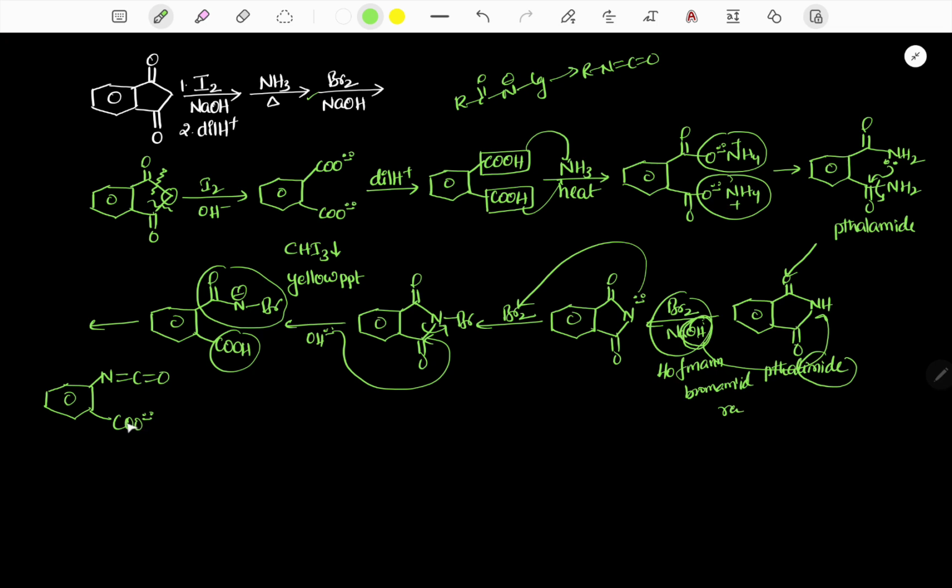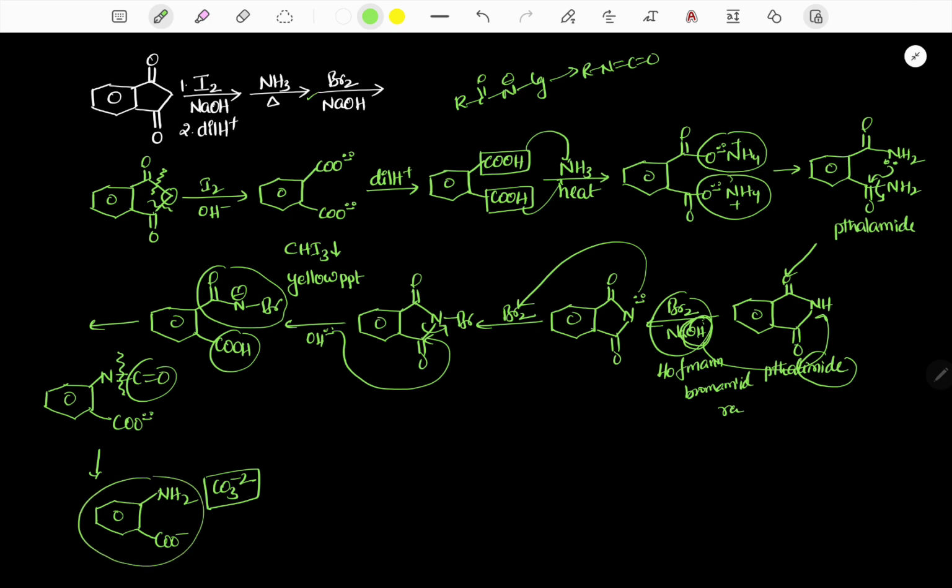So in this case also, similarly, we have written RNCO. Now it undergoes hydrolysis. Finally it gives the corresponding NH2 and COO minus, and the CO carbon will be converted into CO3 minus 2 because of hydrolysis.